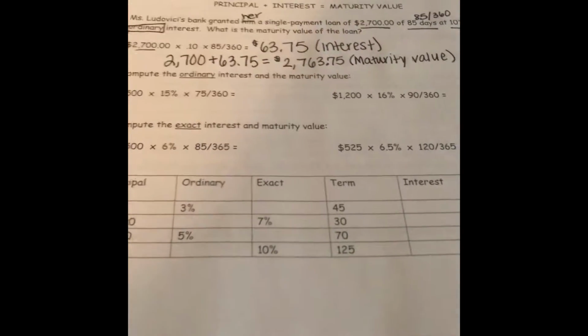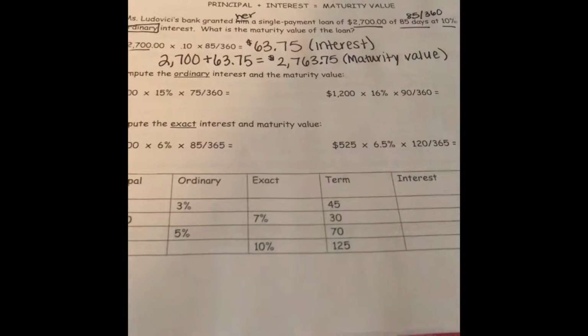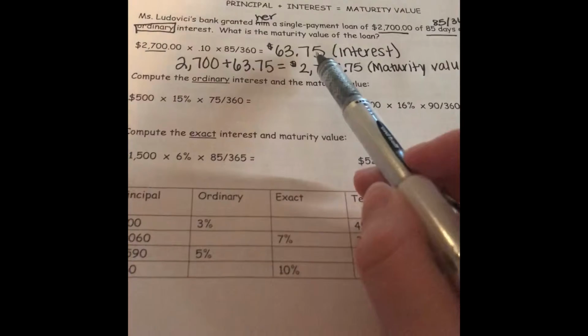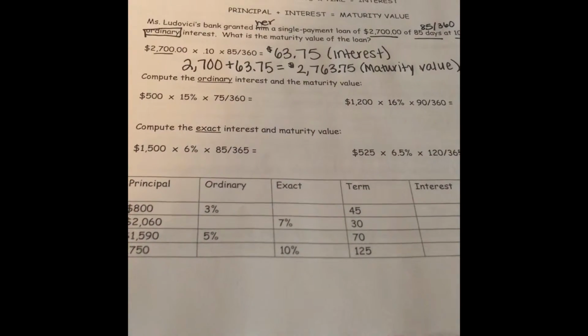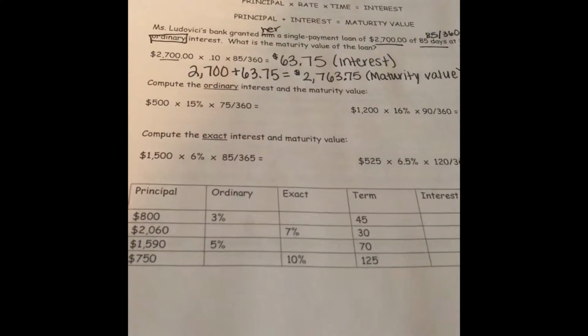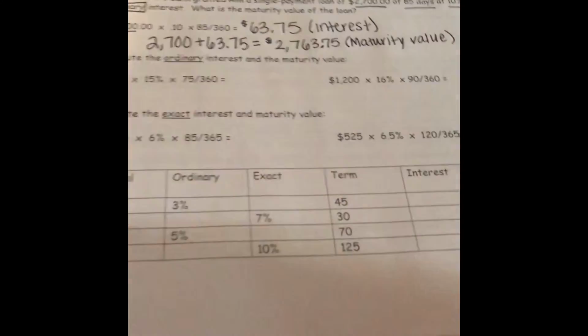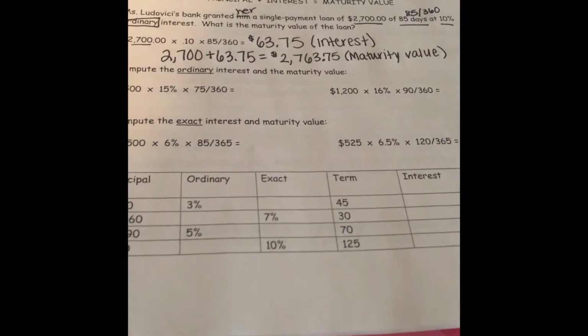So then I would ask you, how much did Miss Ludovisi pay in interest? In interest, she paid $63.75. What was the maturity value, including interest? That was $2,763.75.